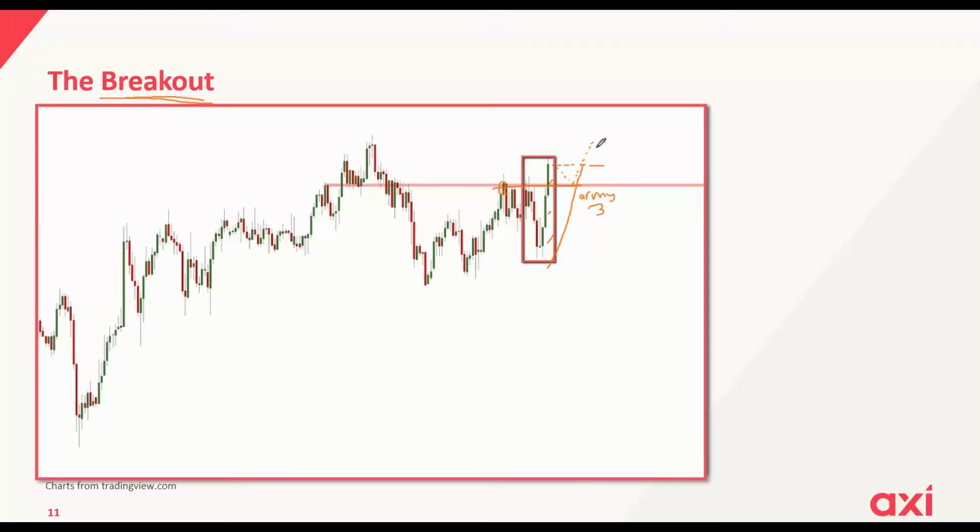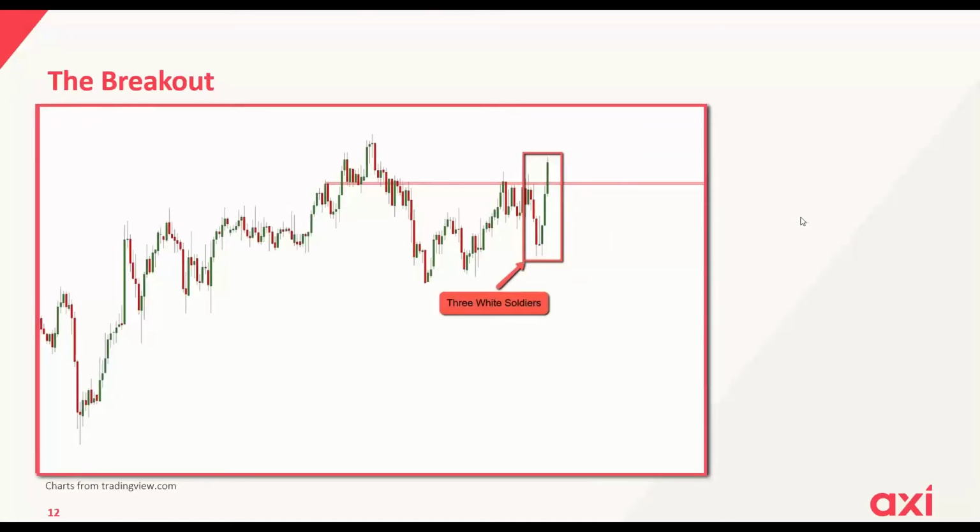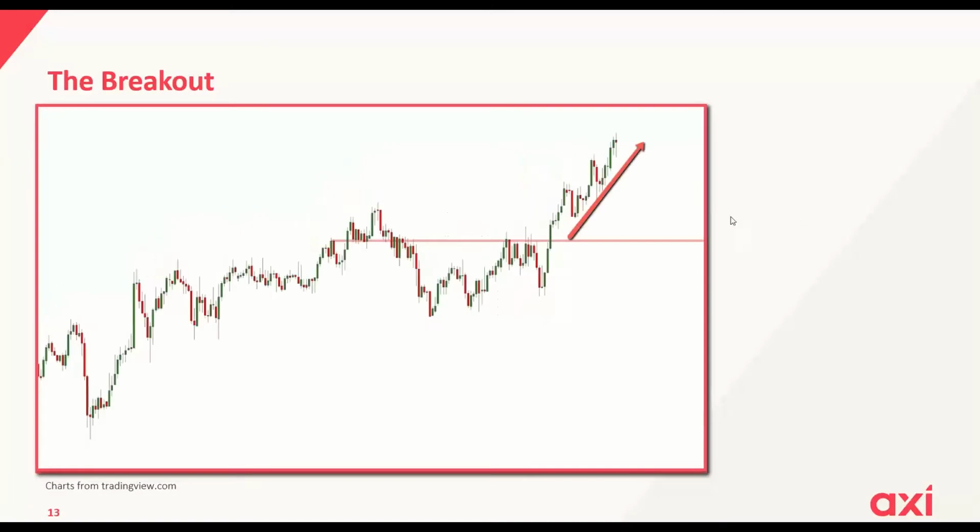So depending on your approach, whether you want the aggressive way or the conservative, or you can split your position, half aggressive, half conservative. So what happened from here after that is, yes, it is the three white soldiers. And you can see from there, if you took an aggressive approach, that worked out quite well, right?